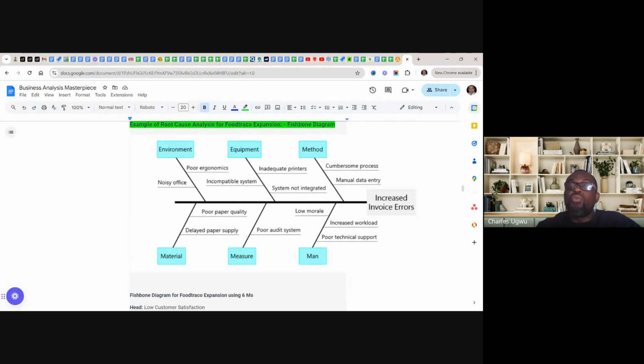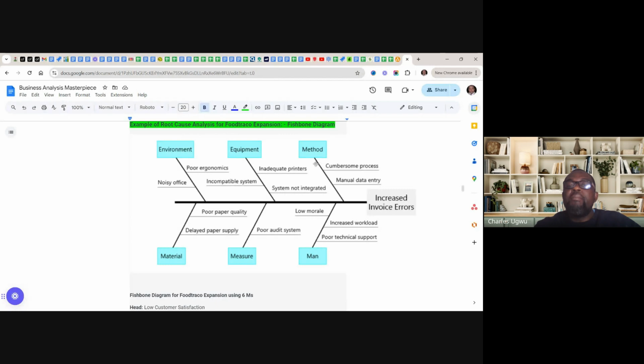We want to understand why we keep on having errors in most of our invoices. So to solve this problem, we apply what we call a fishbone diagram. We want to use root cause analysis to solve this problem, and we are using fishbone diagram in root cause analysis. So we have captured the problem here, which is the head of the fish: increased invoice error.